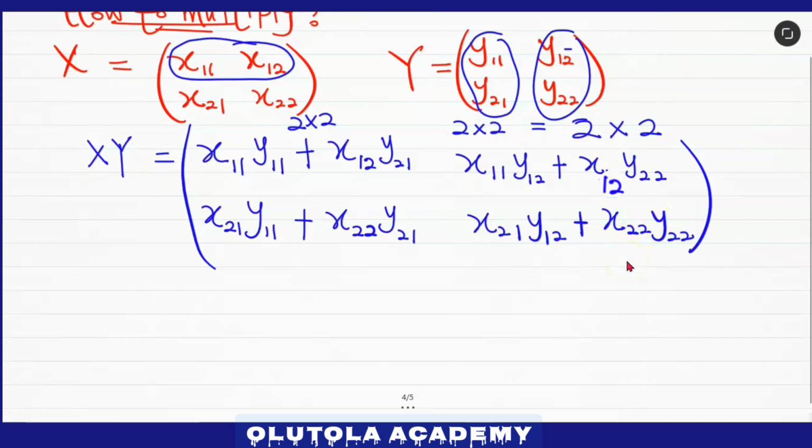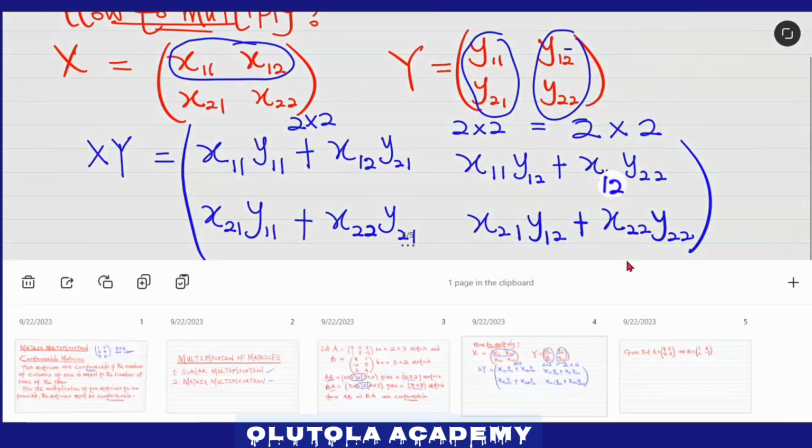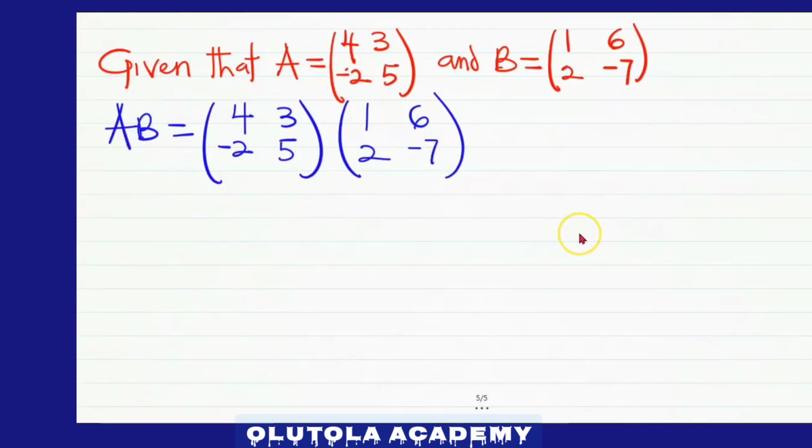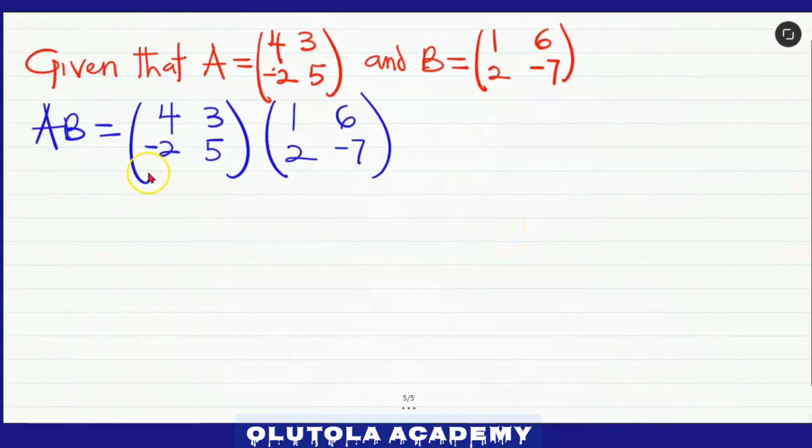I'm going to do an example on it. I have this question here. I want to multiply AB, that is, multiply matrix A with matrix B. So what I do is multiply this matrix by this matrix. This row goes with this column.